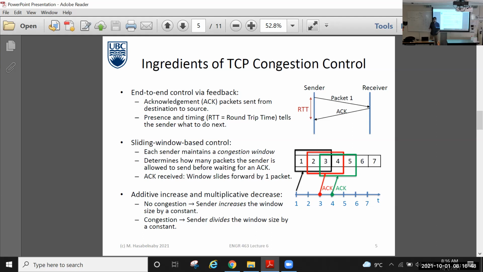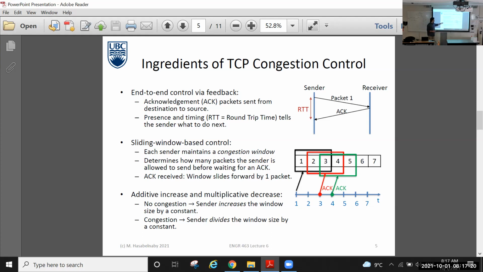What we do now is organize how we can communicate, how we can receive this acknowledgement. At first, you send one packet and receive one acknowledgement. Now, through using sliding window-based control, you don't have to wait to receive the acknowledgement of the packet that I sent to the receiver before sending the second packet.